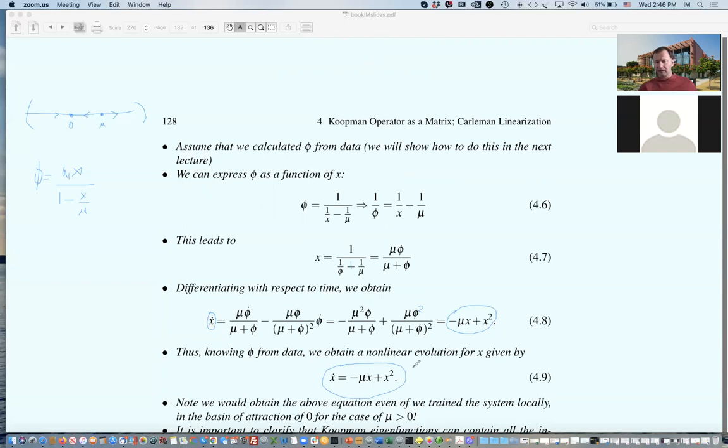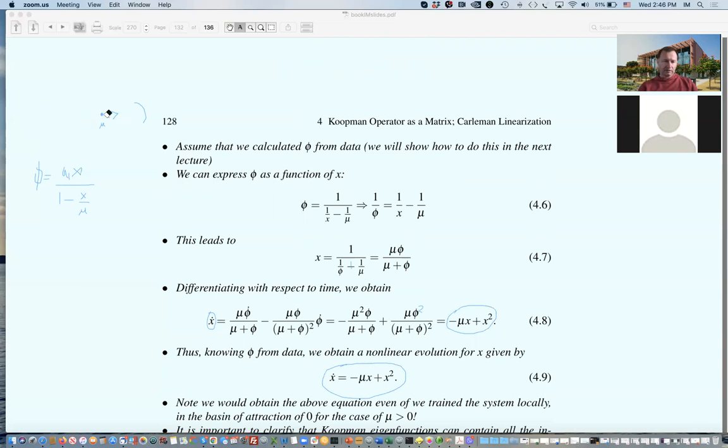We can do it with this form of the equation. We could, of course, do it with the other form as well, taking into account the nature of phi itself, the nature of the function. But certainly directly from data, computing phi, and then inverting phi as a function of x to obtain this formula here, we can get a nonlinear evolution equation that is valid globally and nonlinear.